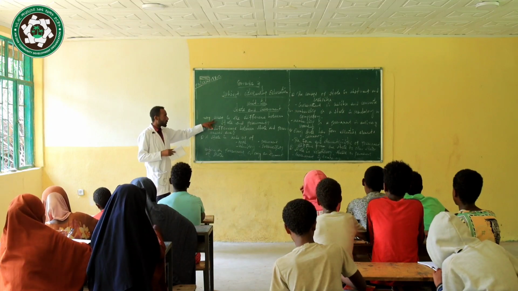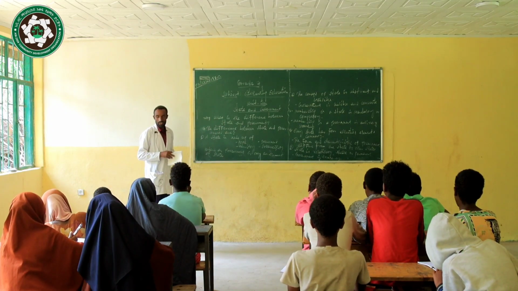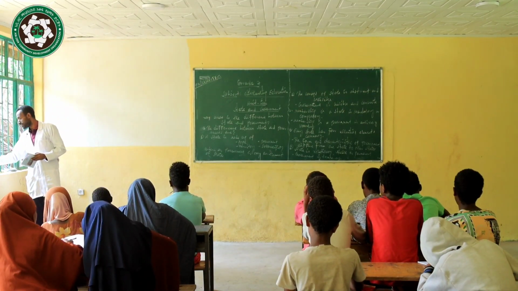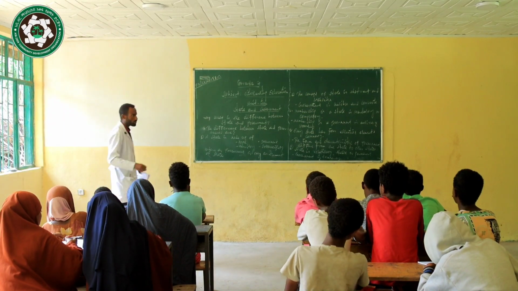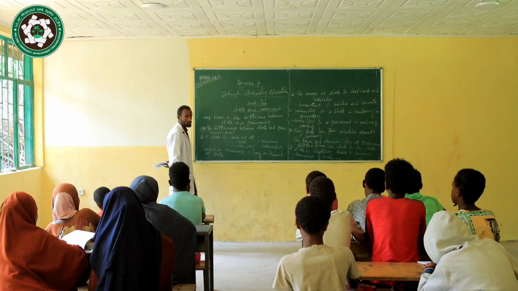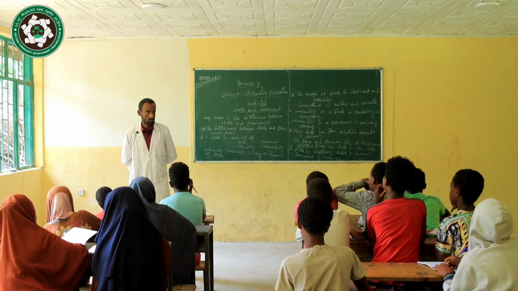That means the question is: what is the difference between state and government? This is one question that you have to consider with your mind. How do we differentiate between state and government?